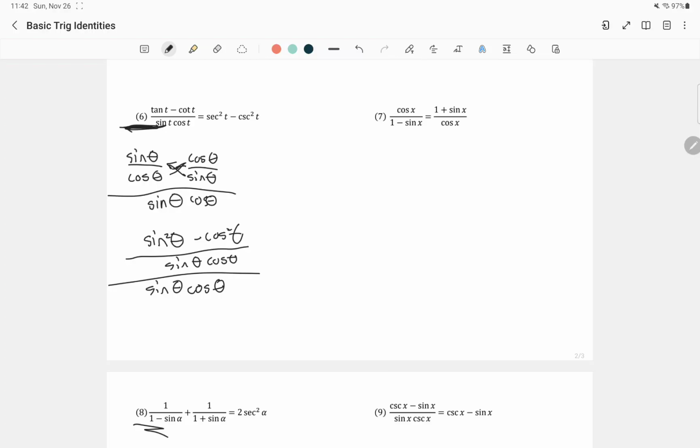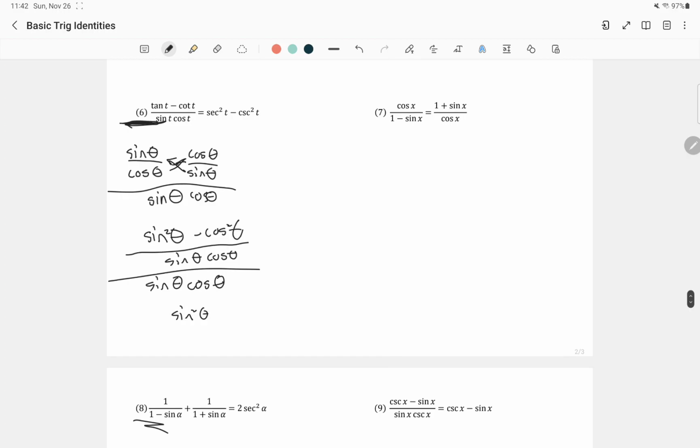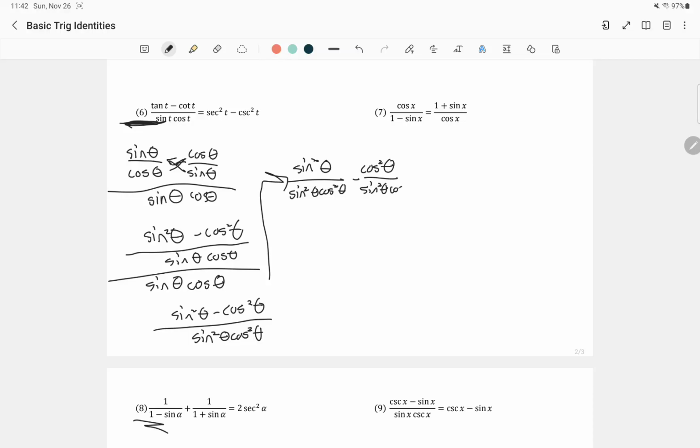So from here, since we have top same and then bottom same, it's going to square the bottom. So it's going to be sine squared theta minus cosine squared theta over sine squared theta cosine squared theta. And notice how on this right side, we want it split into two. So we're going to split these into two, and that's going to give us sine squared theta over sine squared theta cosine squared theta minus cosine squared theta over sine squared theta cosine squared theta.